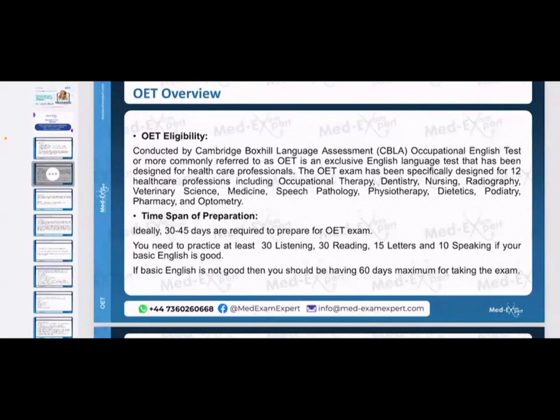But they are not exactly knowing what this exam is for, how they can give this exam, what the eligibility criteria is, what the validity of this exam is, and the accurate time at which they can book their exam or appear in the exam.